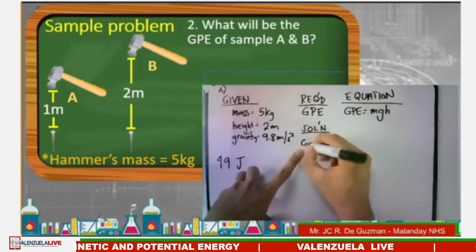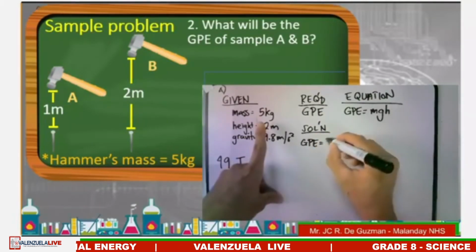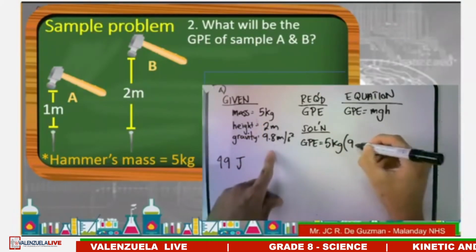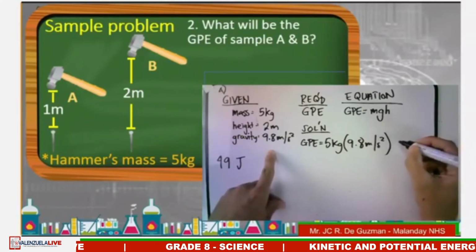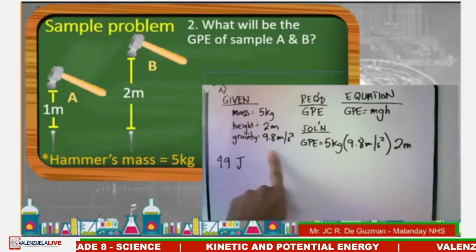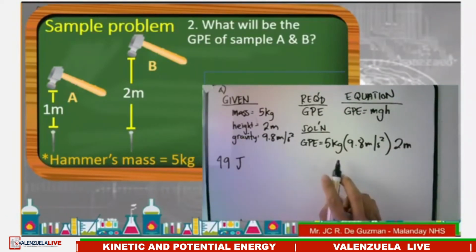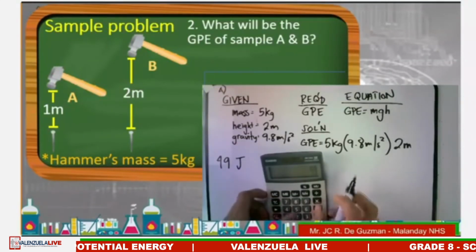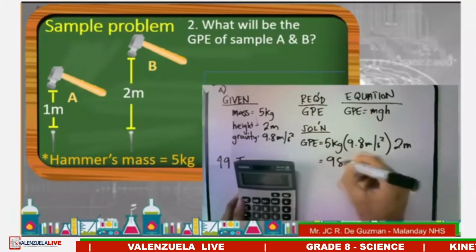We have gravitational potential energy equal to 5 kilograms times the gravity, which is 9.8 meters per second squared, times its height, which this time is 2 meters. Same process: 5 times 9.8 times 2 would give us the answer 98.